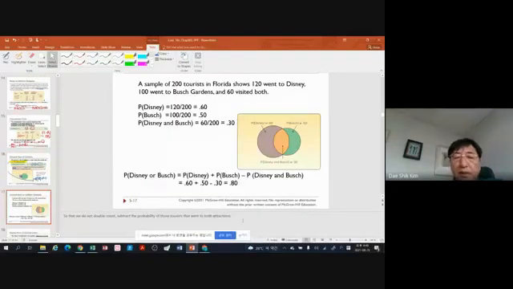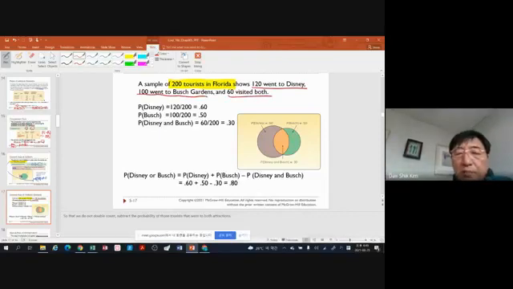Example. We surveyed 200 tourists in Florida. We asked them where they are going. 120 out of 200 will go to Disneyland, 100 go to Busch Gardens, and 60 visit both.